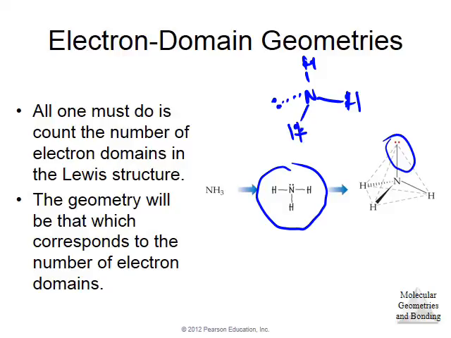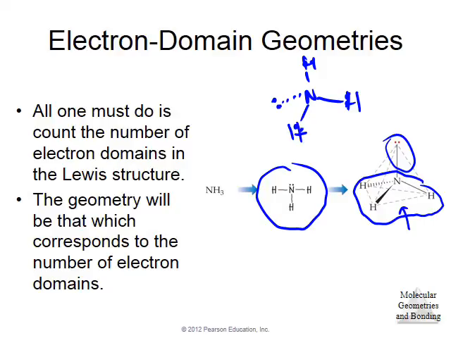So it would look like a trigonal pyramid. This is what you're going to see when you take the picture of the molecule, because you don't see the electron pair, you're only going to see those atoms. So even though electron domain geometry is tetrahedral, molecular geometry in this case is going to be trigonal pyramidal, because you have a triangular base here and nitrogen is on top of that.